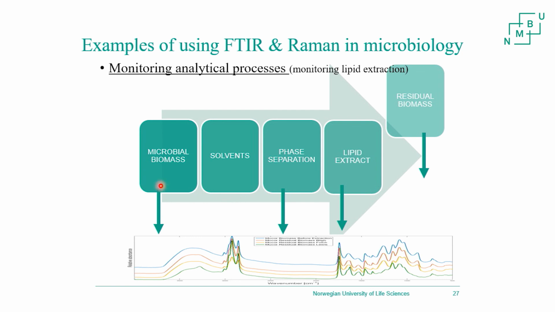But if we take spectra of the microbial biomass, of the different phases we get after applying solvents, and of the lipid extract and the residual biomass, and compare the spectra with each other by looking at the lipid areas of the spectra, we can evaluate if there is a leftover of lipids in the residual biomass or not.